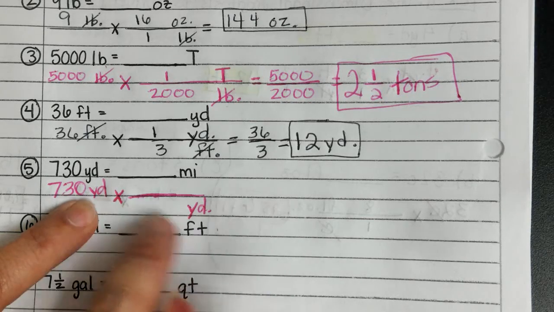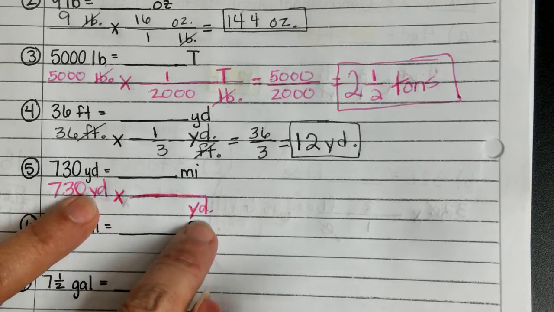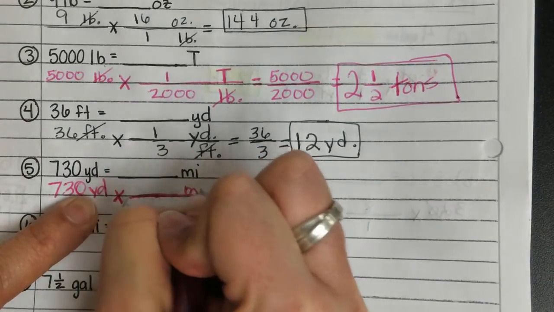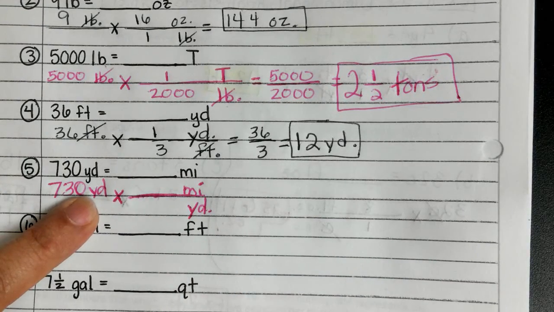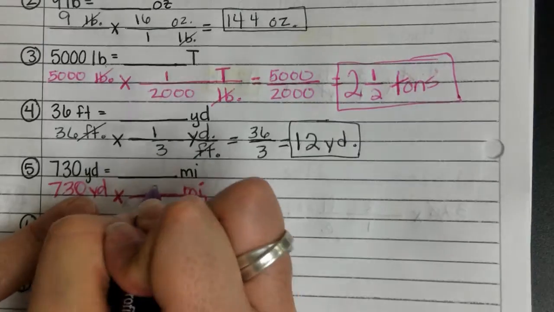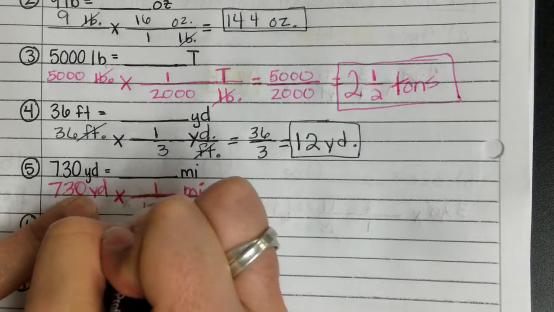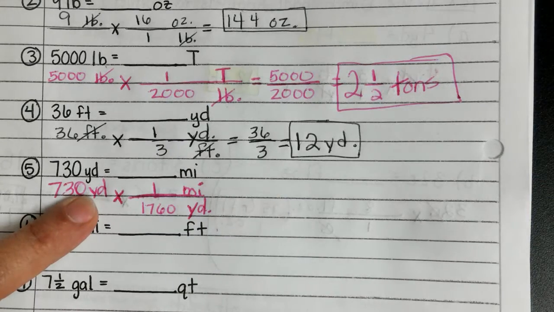Okay, I got those two, one on top and one on bottom. So that means miles needs to go on top. On my list, I find miles to yards. It is 1 mile for every 1,760 yards.